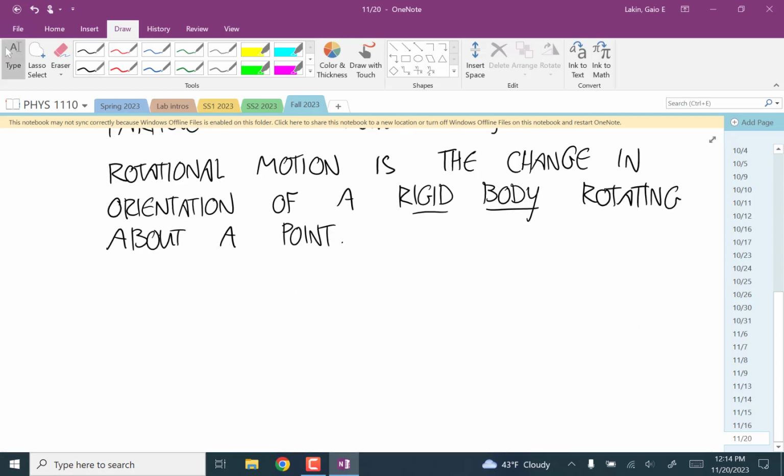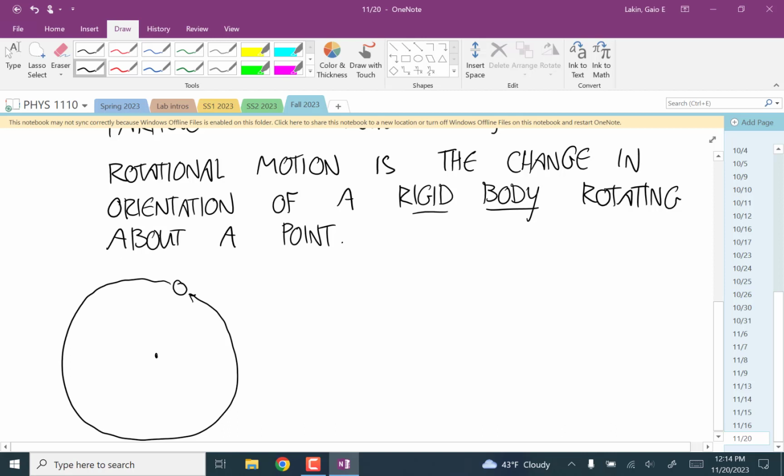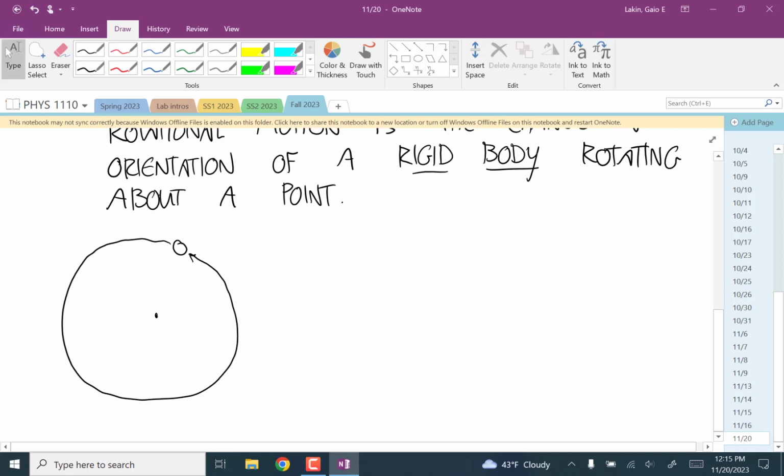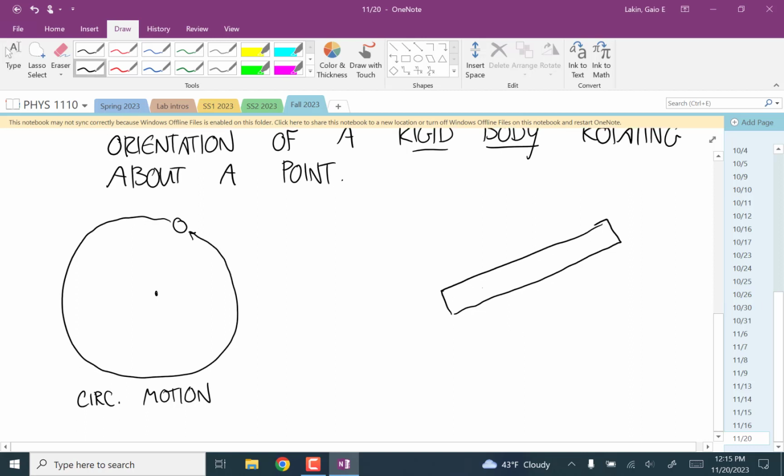Okay, so circular motion is you have a particle that's moving in a circular path. Rotational motion is you have some object that has length dimensions and does have an orientation.